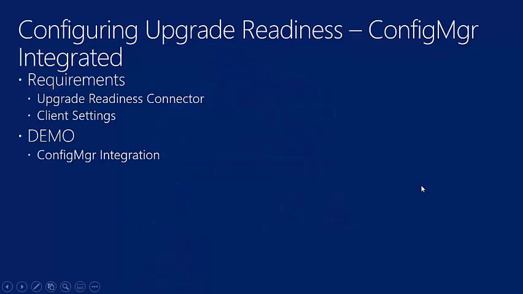Okay, so we do require the Upgrade Readiness connector to be configured and running, and we do need the client settings to be configured. So let me show you how we set up Config Manager integration. And again, let me state as we get started, deploying the correct prerequisite updates and configuring the client settings, which I'm going to show you, should be sufficient in most environments.